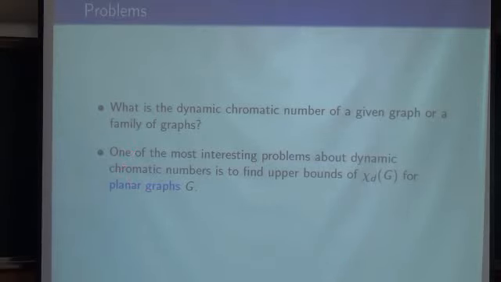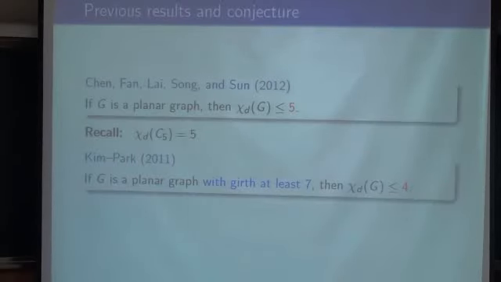But with the relationship of the four-color theorem, one of the most interesting problems about dynamic chromatic numbers is to find the upper bound of the dynamic chromatic number for planar graphs, right? So let me start with the previous results.